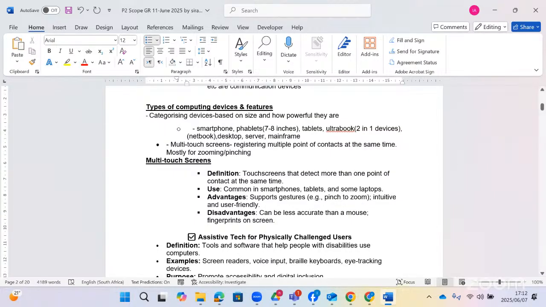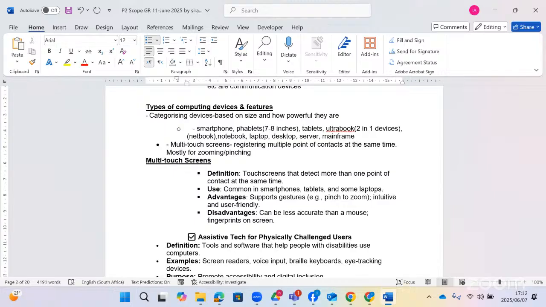And then we also have notebook. Most of them do not have touch screen. It's a little bit heavier and bigger than Ultrabooks. And then we also have laptop.